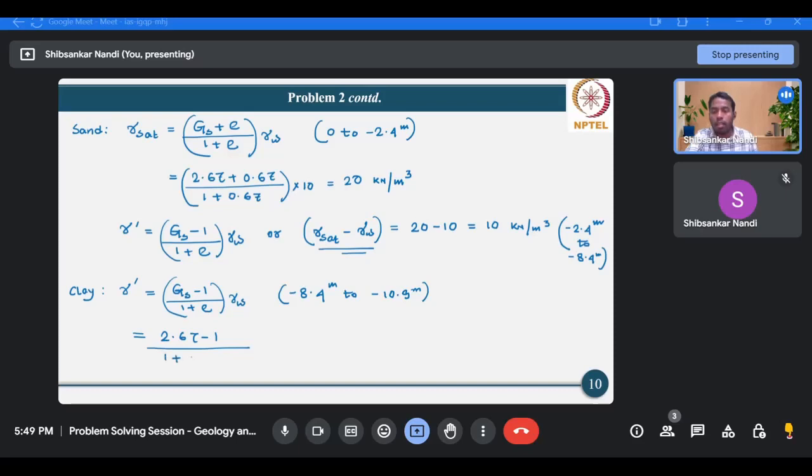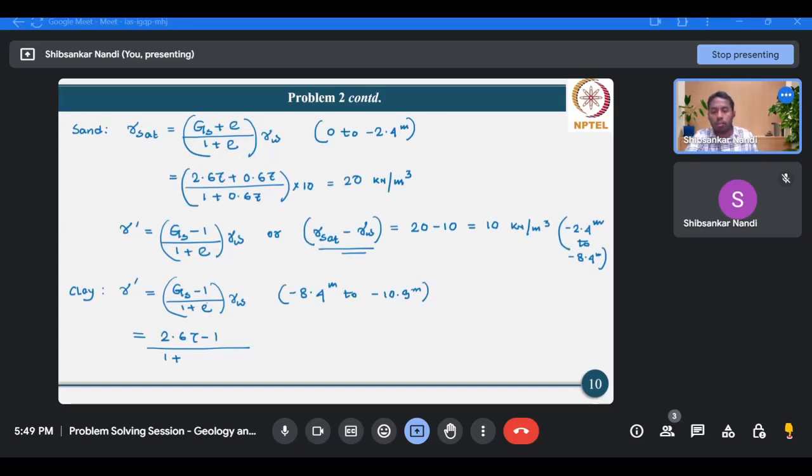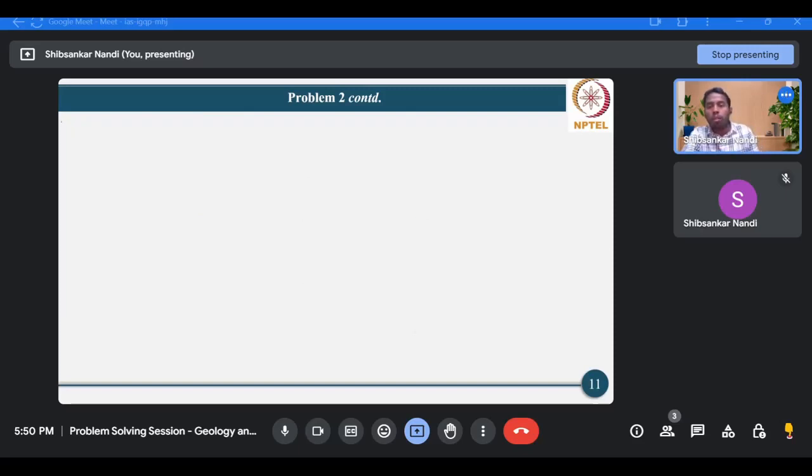Now this e would be the e of clay, that is 0.9078, multiplied by 10. So that is 1.67 divided by 1.9078, 8.75 kilonewton per meter cube. So therefore, you can calculate the sigma 0 prime.